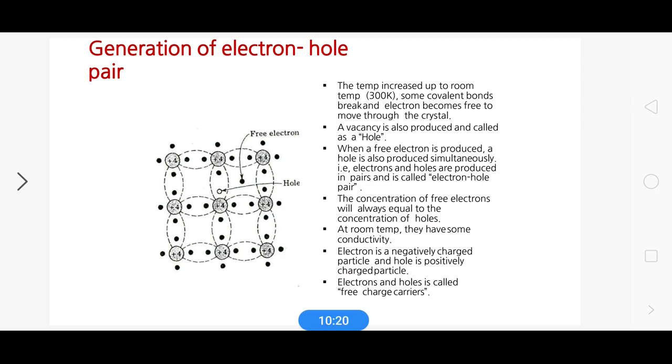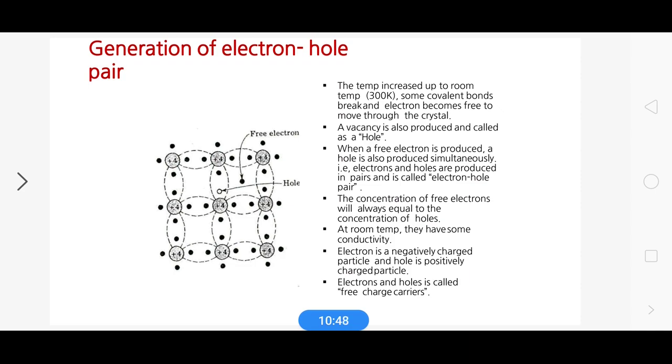So this is called an electron hole pair. One free electron is generated by increasing the temperature, as well as one vacancy of electron, and that is called a hole. Means for every breaking of a covalent bond, there will be an electron hole pair in the crystal.